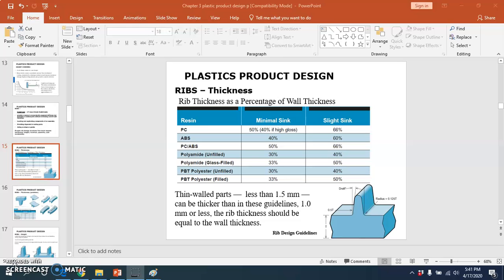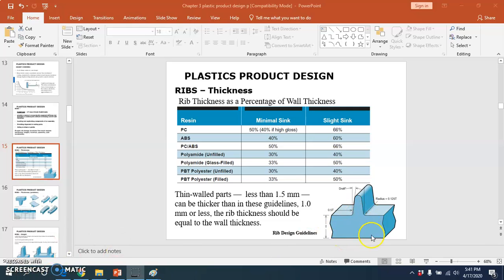The table here gives common guidelines for rib thickness for a variety of materials. Look at the polycarbonate resin. It produces a highly glossy, critical surface and may require a thinner rib. Placing ribs opposite character marks or a step can hide rib read-through.